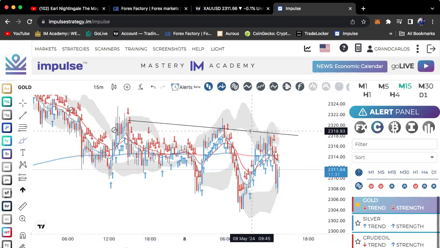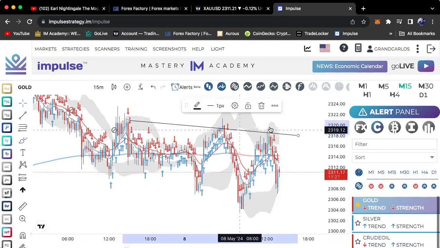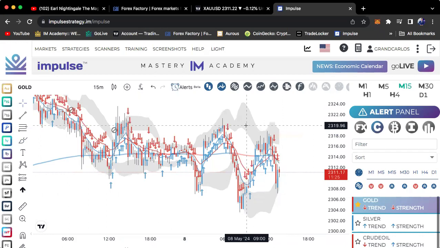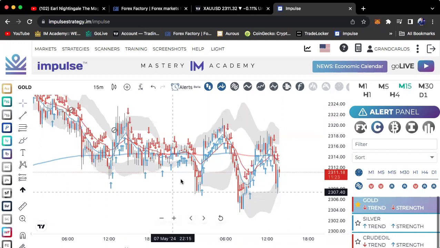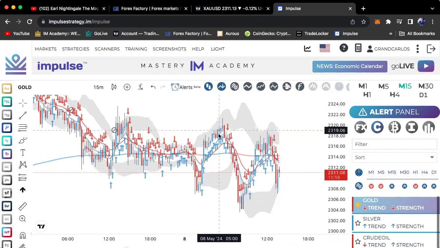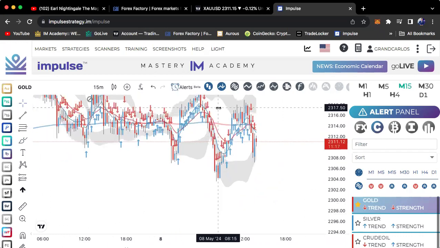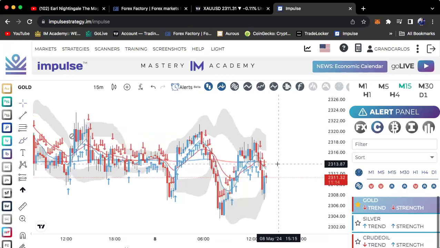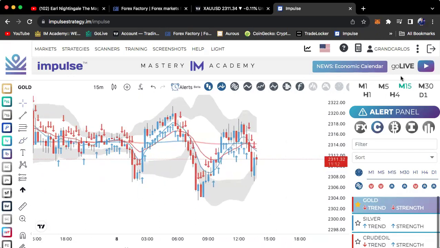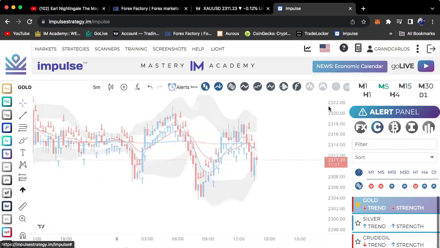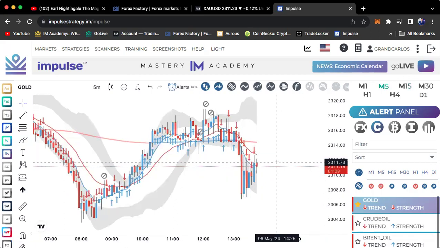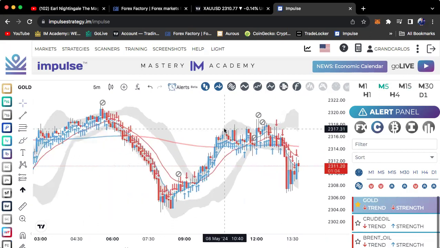There are different types of consolidation: ascending consolidation, descending consolidation, and just regular consolidation. So this is a 15 minute. I'm waiting for that next break of structure. When it's consolidating like that, wait for that break of structure, wait for that break and retest.